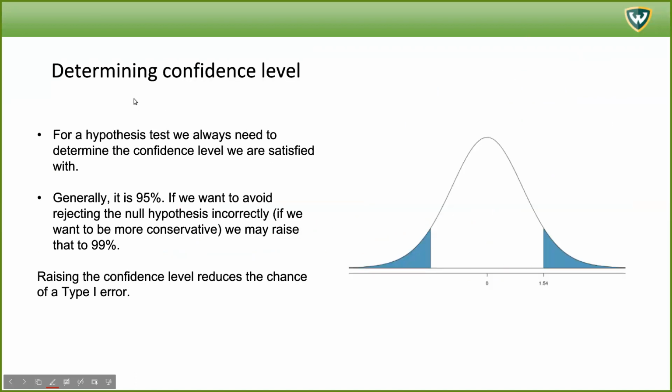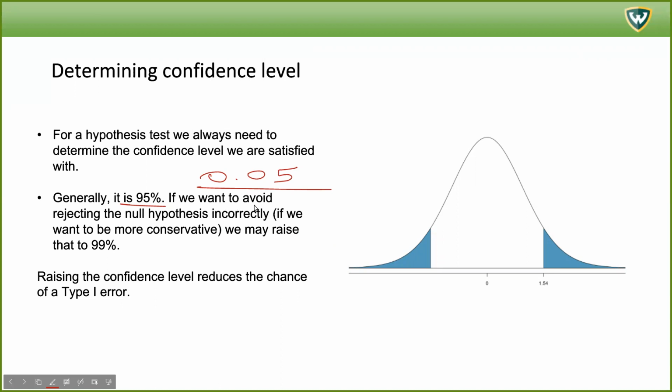Another step, following step, is determining the confidence level that we're going to use for our hypothesis test. And generally it is 95%. Often we actually talk about this in how we will compare to the p-value. So it's 0.05, which is the other end of 95%.